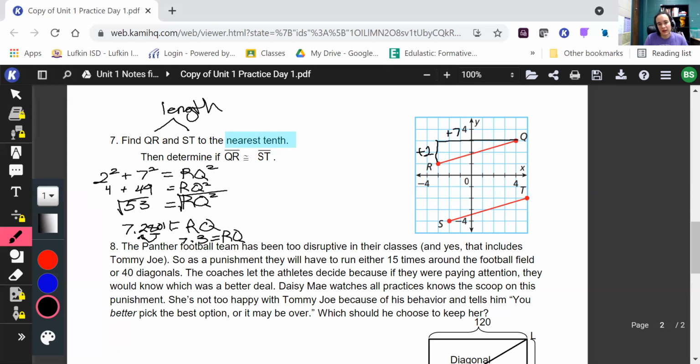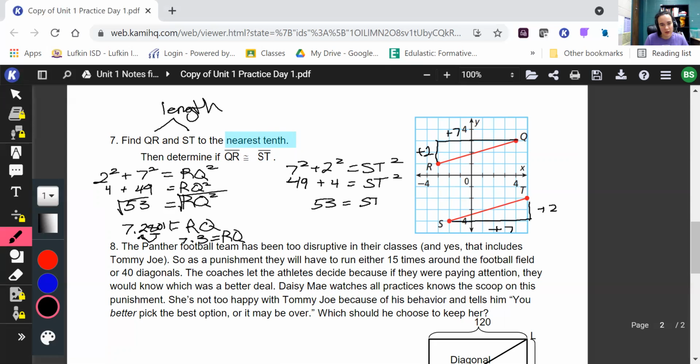Now we need to find the length of ST. We've got positive 7 and positive 2. So we have 7 squared plus 2 squared equaling length of ST squared. 7 squared is 49. 2 squared is 4. And added together is 53.